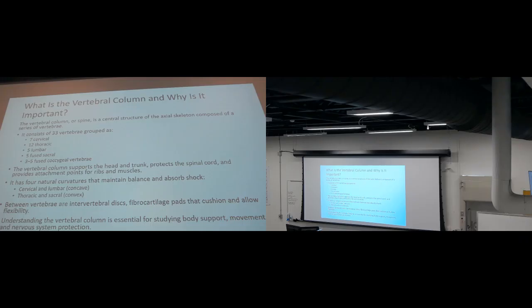For the vertebrae that are separated, which are cervical, thoracic, and lumbar, we have an intervertebral disc in between, and if you remember, we have fibrocartilage in these discs. The function of this fibrocartilage is to cushion and allow flexibility. This is part of the axial skeleton.